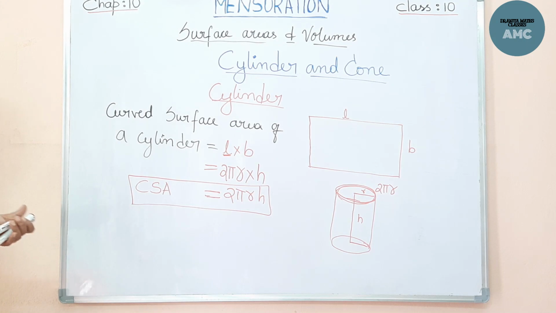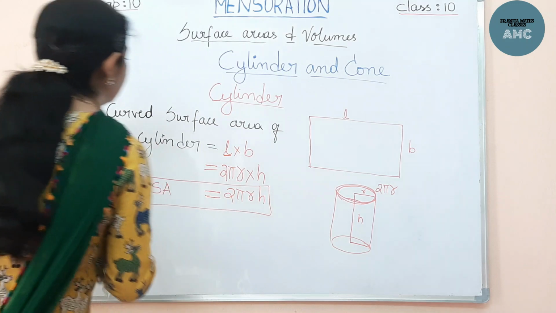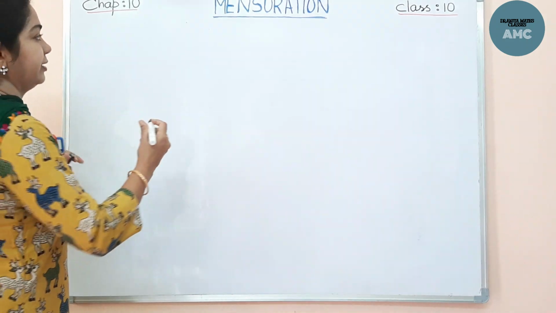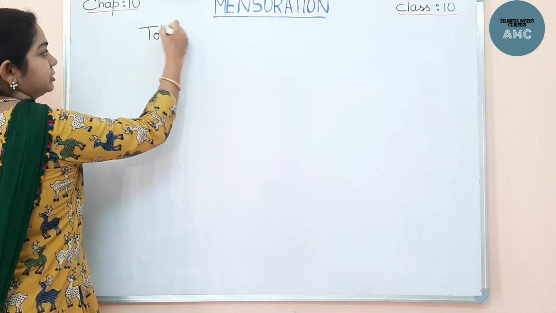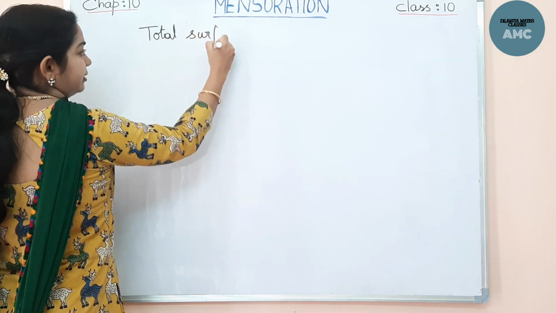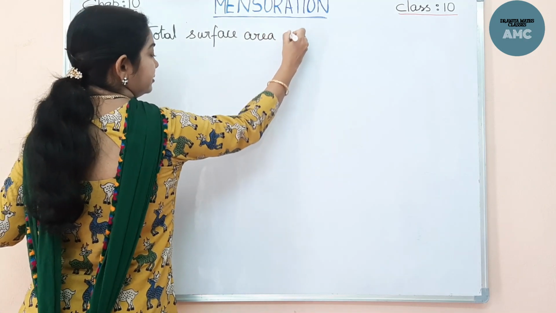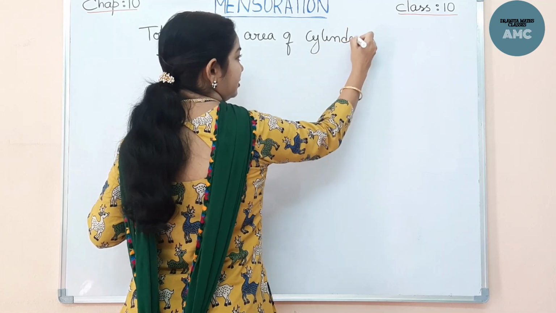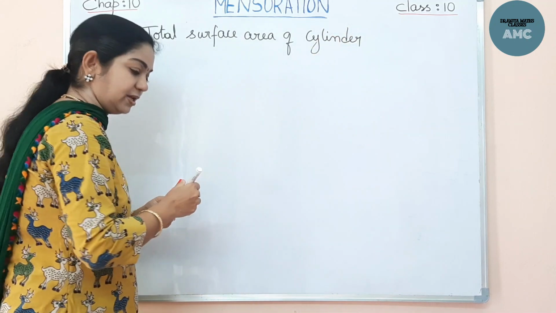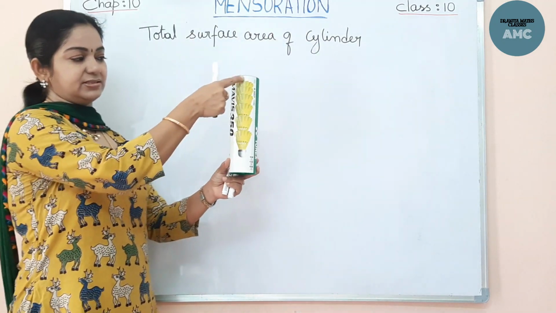Now let us know what is the total surface area, right? I'll tell you the total surface area of a cylinder, right? Now how do we find this? Now we will see the example. What I have showed you, the box to place the shuttlecocks.